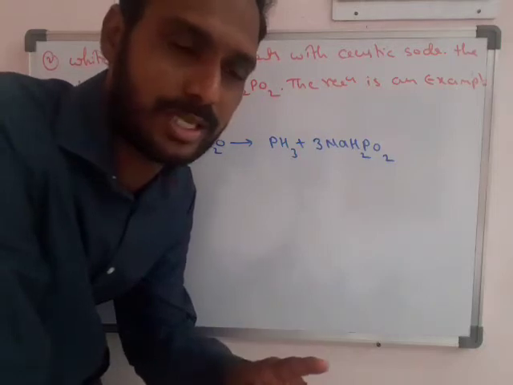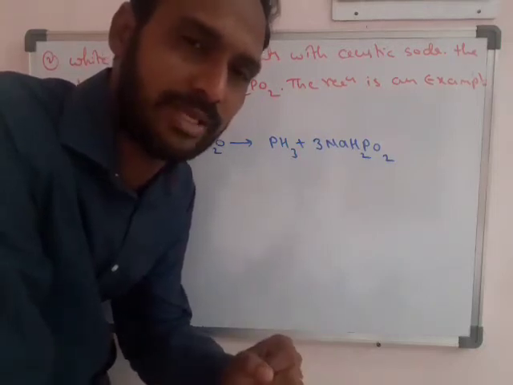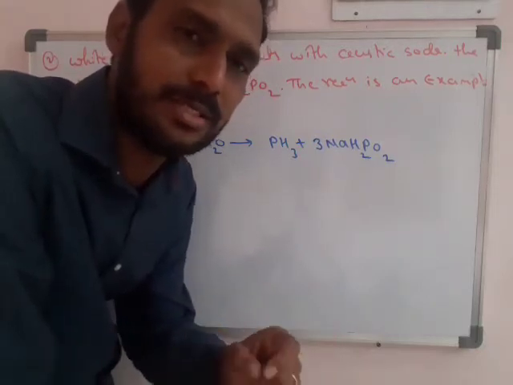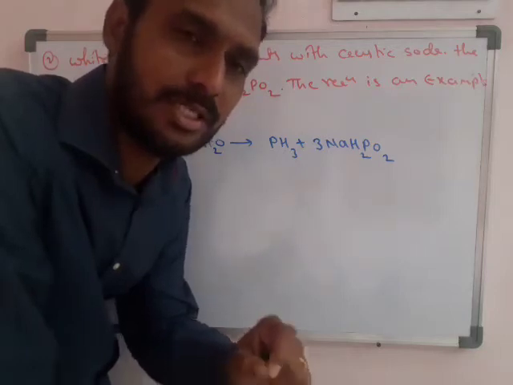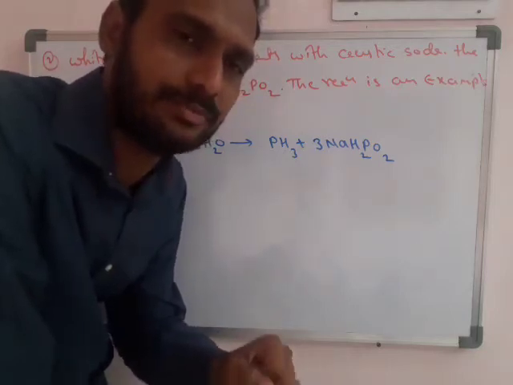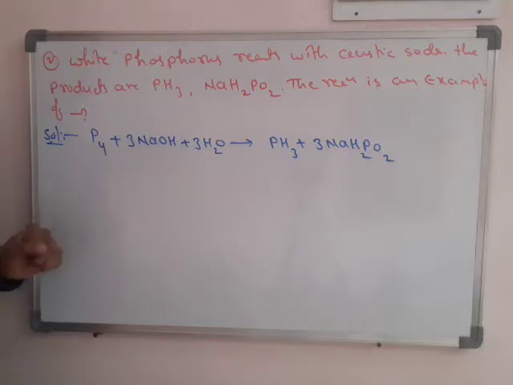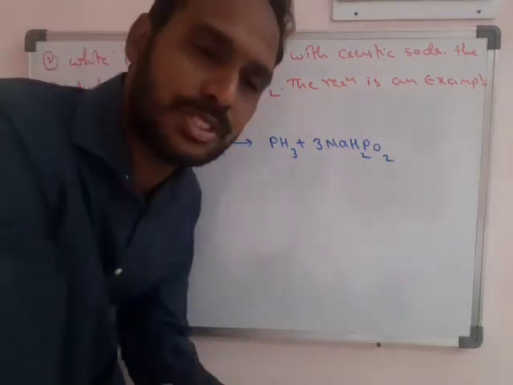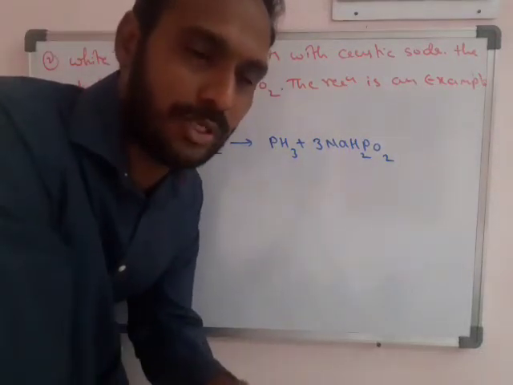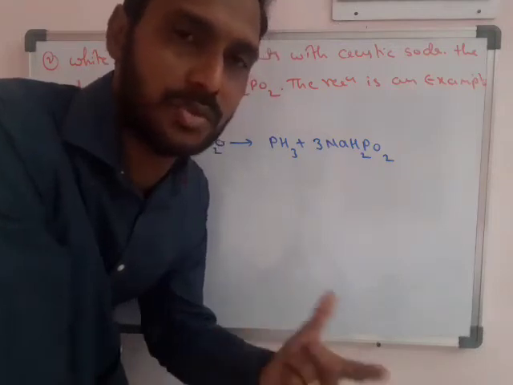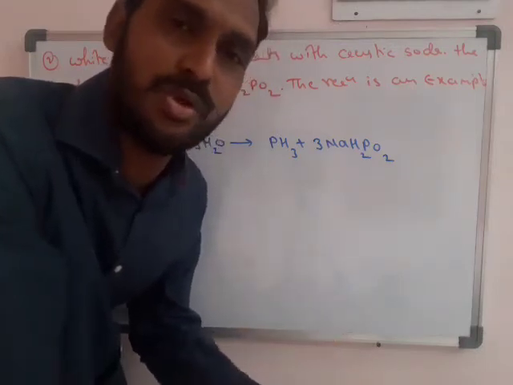It means that here oxidation takes place and reduction takes place. But the importance of this reaction is that it is not only a simple redox reaction, it is a disproportionation reaction. Disproportionation redox reactions are those in which only one element undergoes oxidation and also reduction.